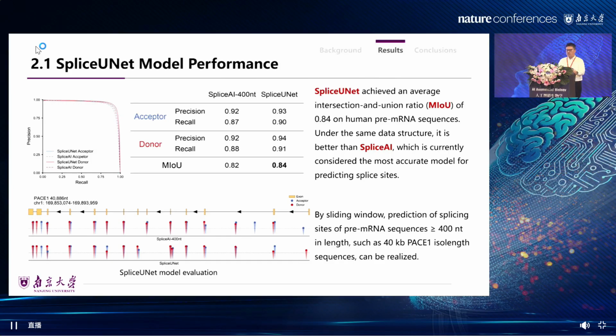Furthermore, by using a sliding window approach, our model can accurately predict splice sites in very long transcripts. On this page, we show that for the PACE1 gene, which is 40 kilobases long, our model can predict the splice sites correctly.